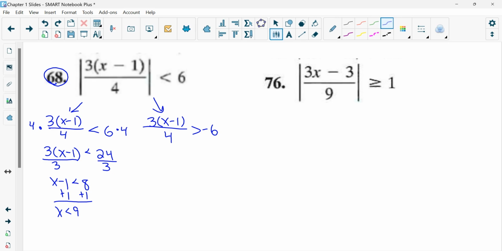On the other side, same idea. I have to multiply by 4 first to get the division by 4 out of there. So that 4 is canceled. So we get 3 times the quantity of x minus 1 is greater than negative 24. Again, we would divide by 3.